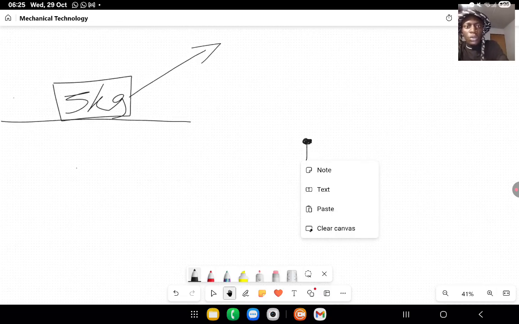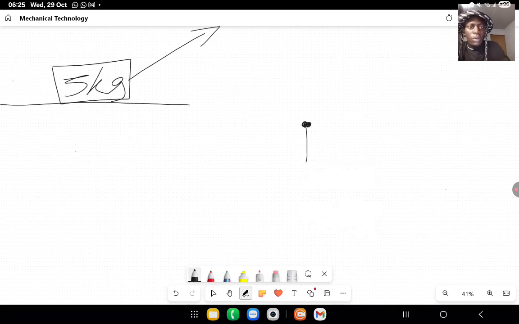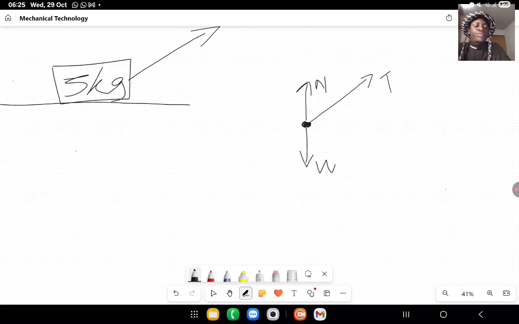That means there will be a normal force, and Fg will be provided. Therefore, this will be weight. Then we have normal force and weight, and we also have the force going this side. We can call it T.